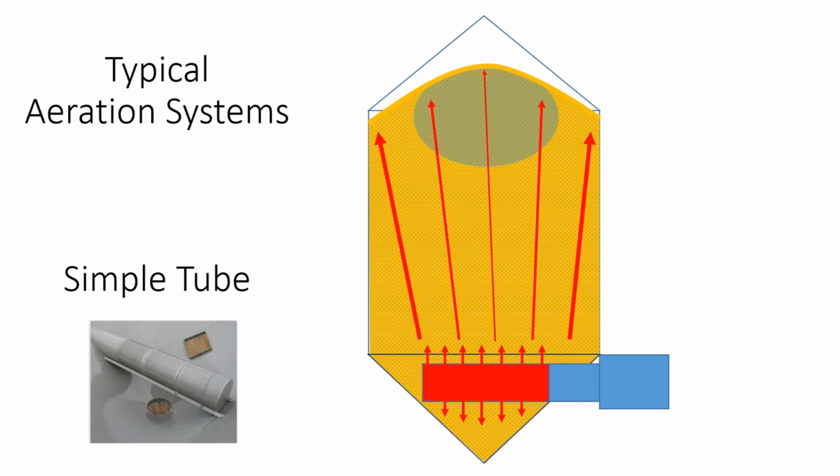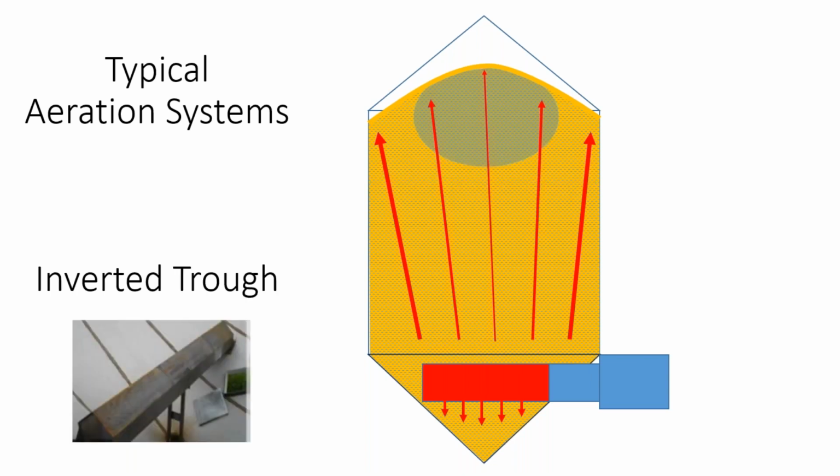So that's in part why the simple tube tends to be a little less effective than some of the premium systems. The other item is the drying front. Again, it has just a horizontal drying front. You do accumulate a core at the top of your bin, and moving is almost always required to prevent spoilage.